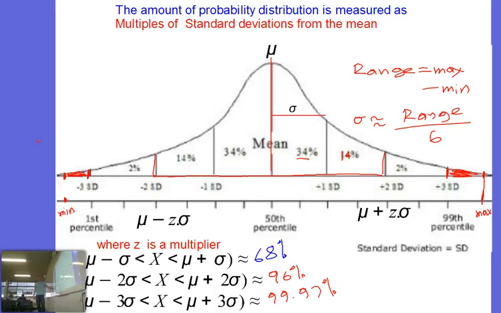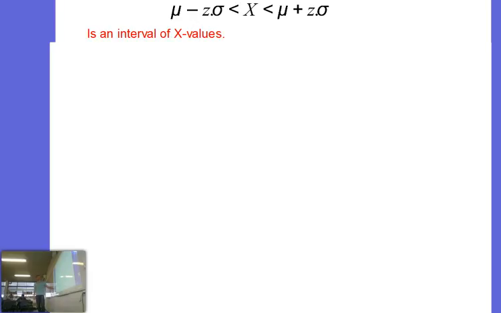So let's relate that to confidence intervals. So there's an interval of x values, some multiple of a standard deviation greater than the mean or less than the mean.